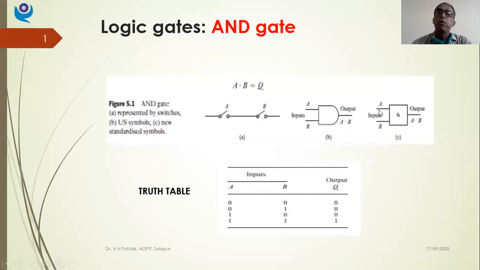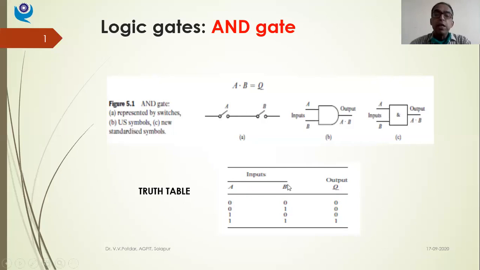If you want Q to be high, A should be high and B should be high. If you want Q to be enabled, then A should be enabled and B should be enabled. So the terminologies differ. Basically, we'll see the truth table, the things will be clear to you.